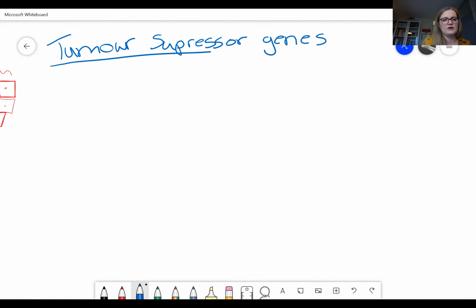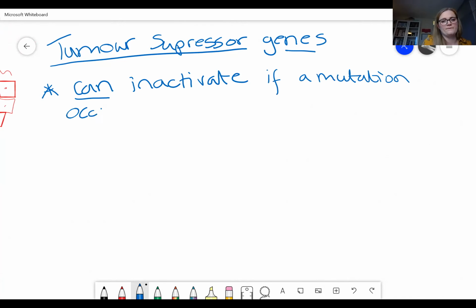A quick summary: tumour suppressor genes. These can be inactivated if a mutation occurs. How do they work?